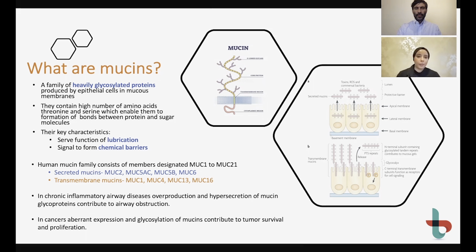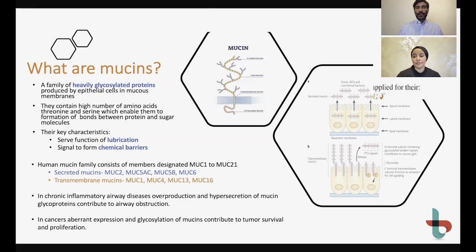Mucins play a very important role in inflammatory conditions, such as in inflammatory airway disease. Overproduction and hypersecretion of mucin are associated with contribution towards airway obstruction. In the context of cancer, the aberrant expression and aberrant glycosylation of these mucins contribute to tumor survival and proliferation.